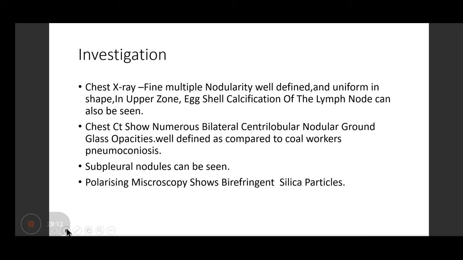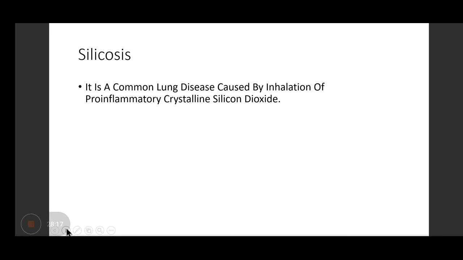So, a brief discussion on silicosis. It is a common lung disease caused by inhalation of pro-inflammatory crystalline silicon dioxide. In gross, you can see that there is a mass present here in the upper lobe.